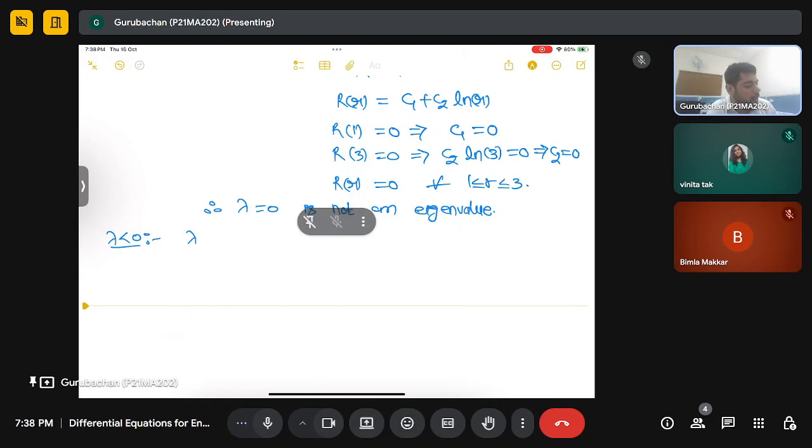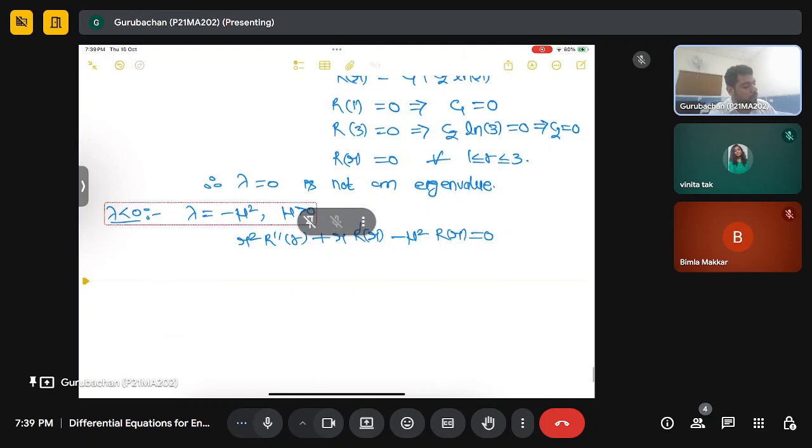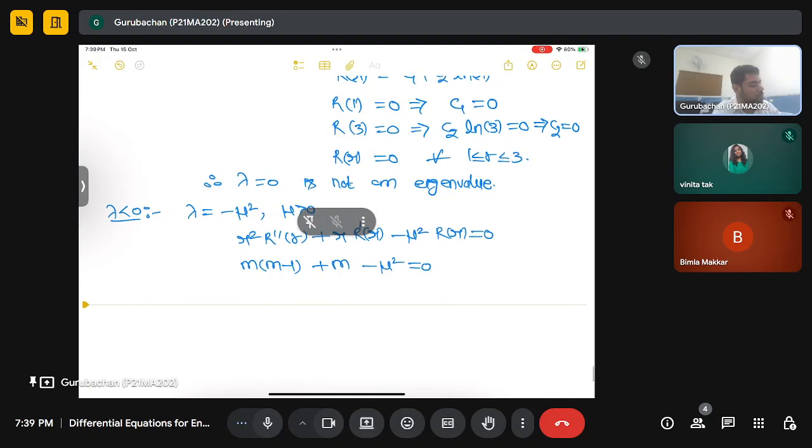So lambda will be minus mu square, where mu is positive, and our equation is r square R double dash of r plus r R of r minus mu square R of r is 0. Its Cauchy-Euler equation will be m(m minus 1) plus m minus mu square equal to 0. So this will give you m is equal to plus minus mu.